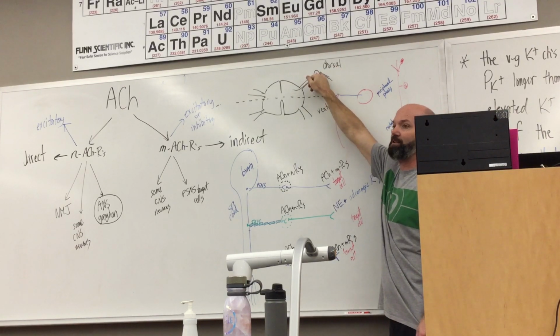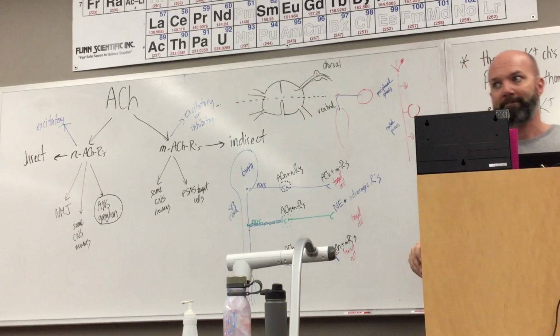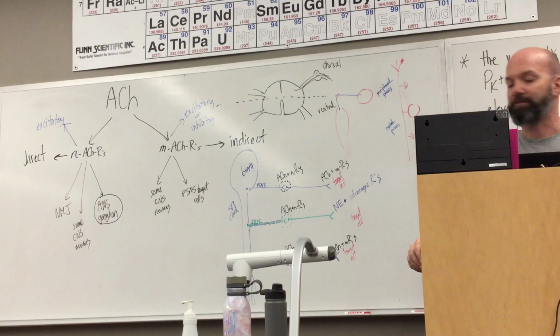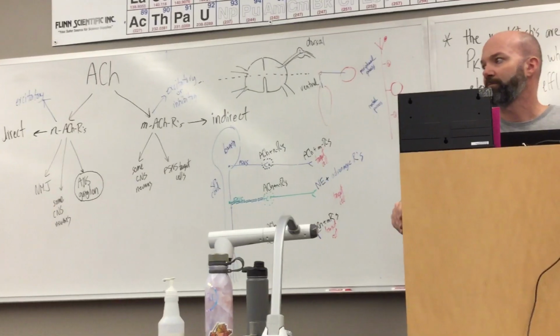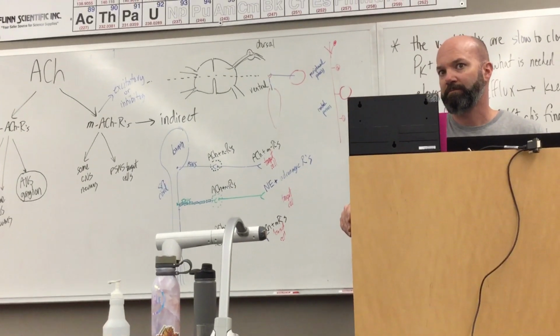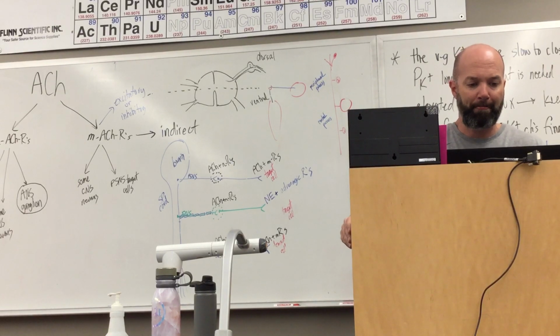And these cell bodies belong to what class of neuron? Unipolar sensory, right? What's another term for motor? Like a motor neuron? Efferent. Another name for sensory? Afferent.